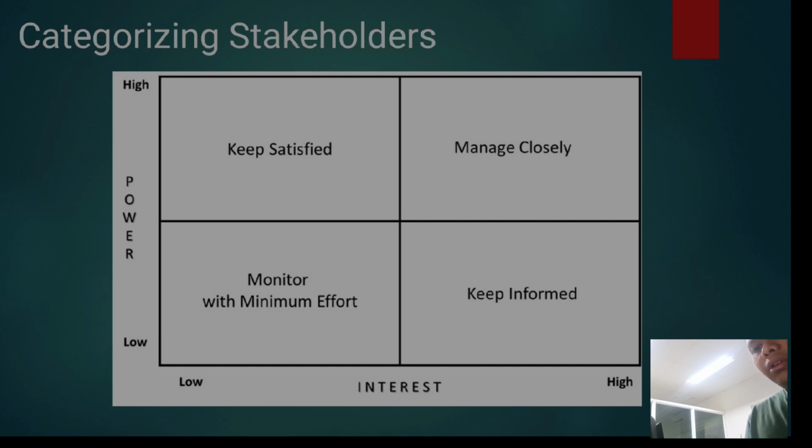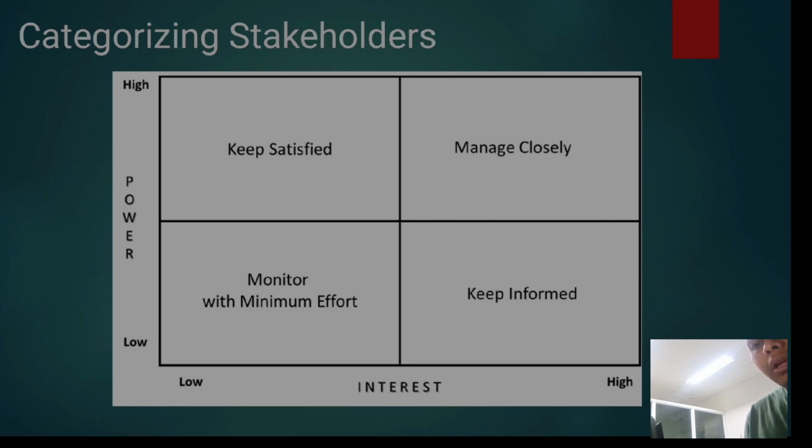So you just need to keep them satisfied when it comes to their decision making, because they have an impact, because they have the power, but they do not need to be regularly monitored. Just a minimum effort. So another category is the low power, high interest.